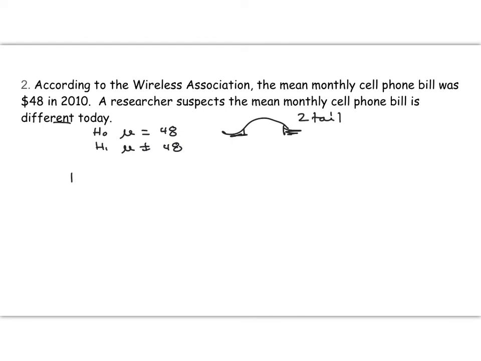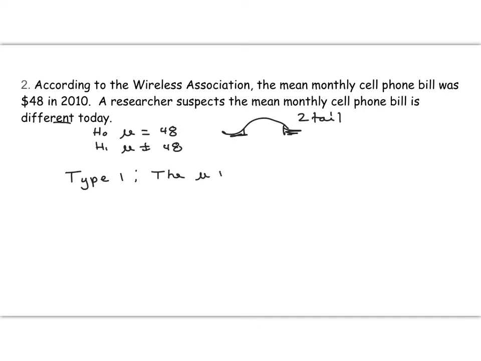And then a type 1 error would be that the mean monthly phone bill is $48 and the researcher concludes that it's not. So our null hypothesis is true.